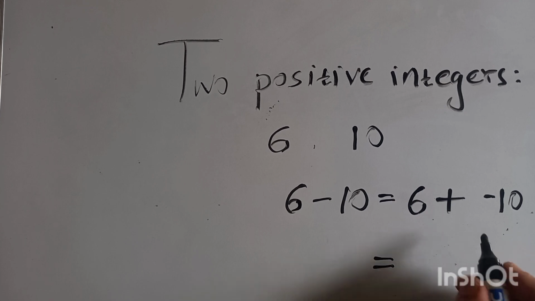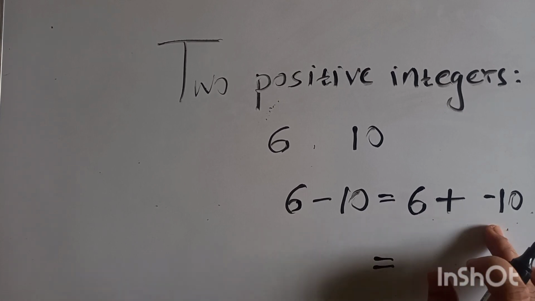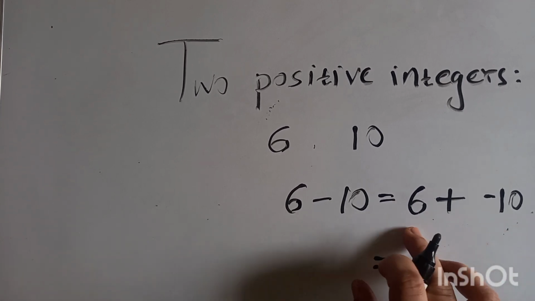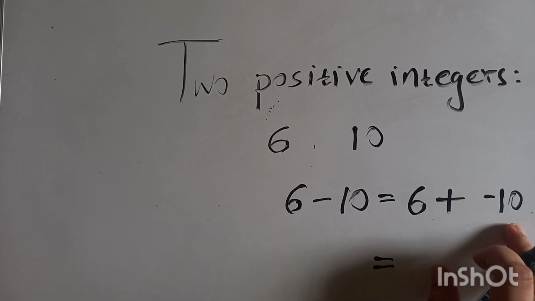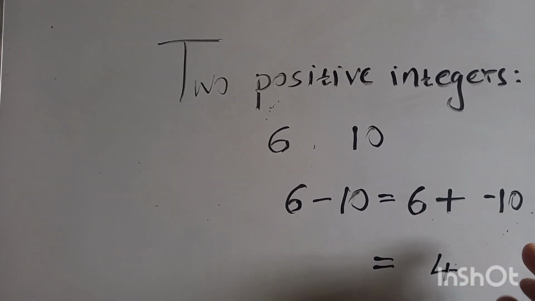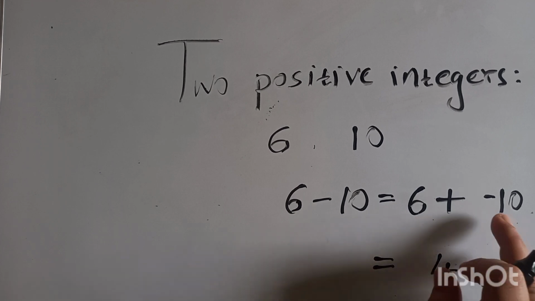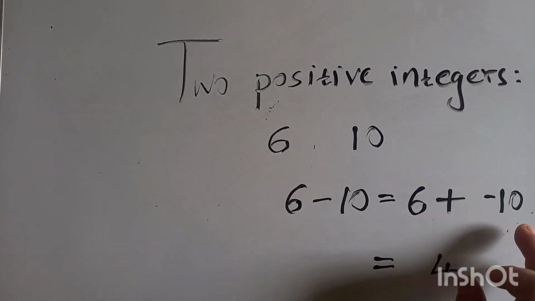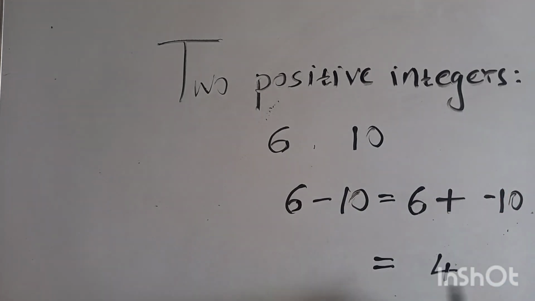So in the addition operation, just neglect the sign of both integers and subtract the lesser number from the greater number. So 10 minus 6 you have to do. The answer will be 4, and you have to put the sign of the bigger number. Here 6 and 10, the bigger number is 10 and the sign of the bigger number is negative. So the answer will be negative. So 6 minus 10, the answer will be negative 4.